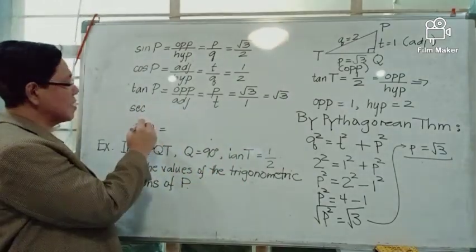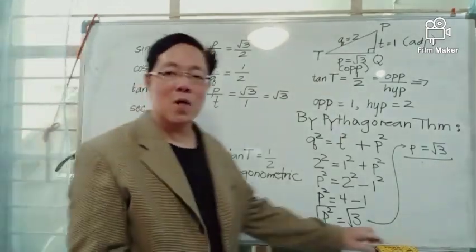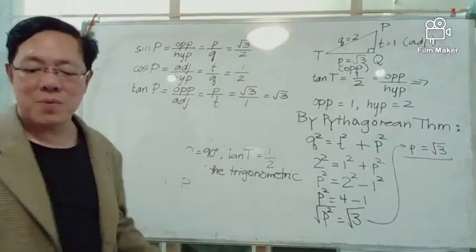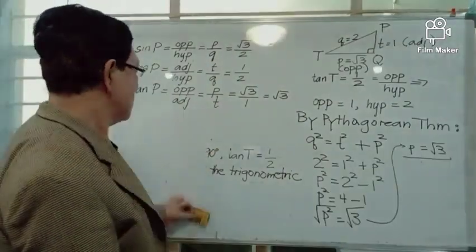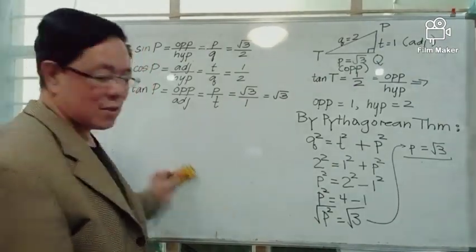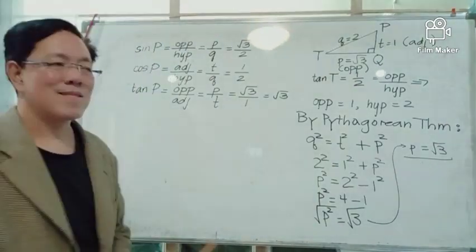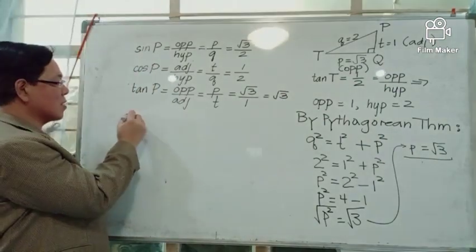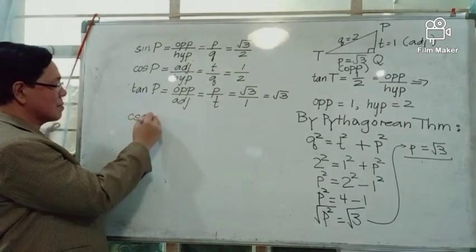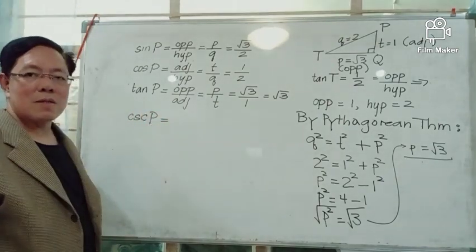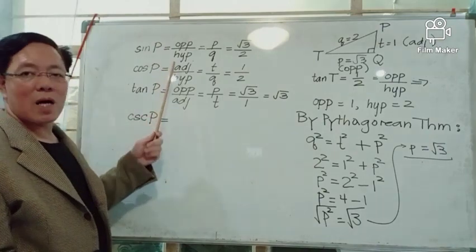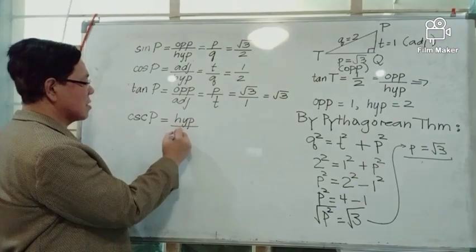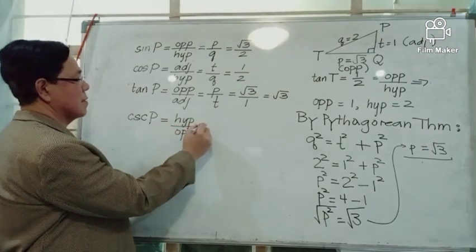Now, the fourth trigonometric function is the reciprocal of sine, which is known as the cosecant. Reciprocal of sine P is cosecant of P. It's the reciprocal of opposite over the hypotenuse, which is equal to hypotenuse over opposite.